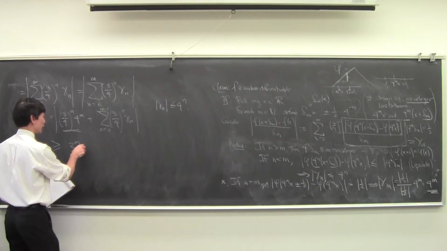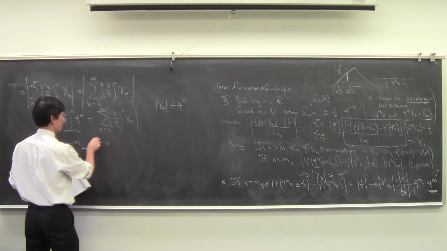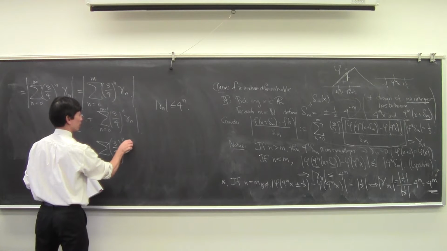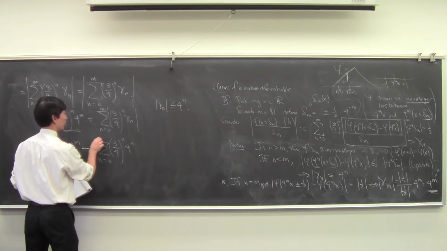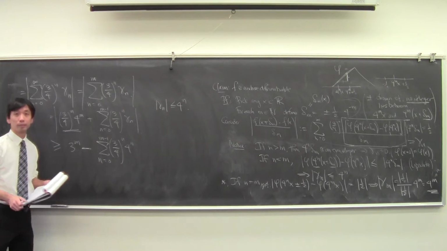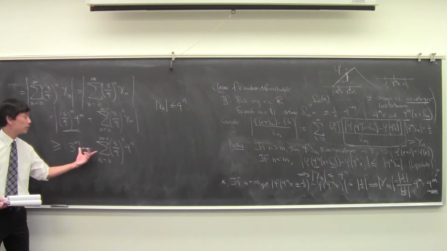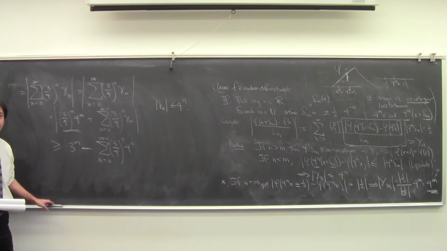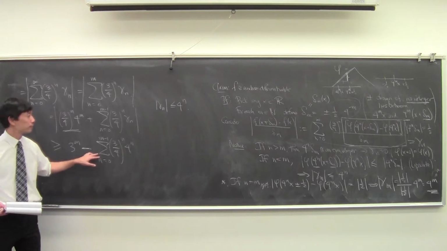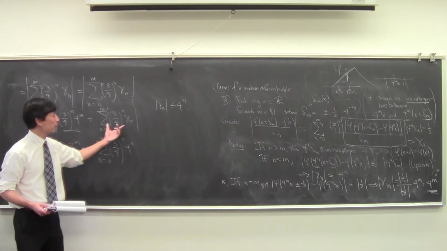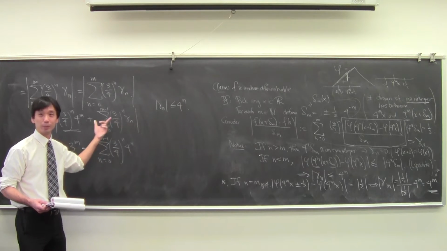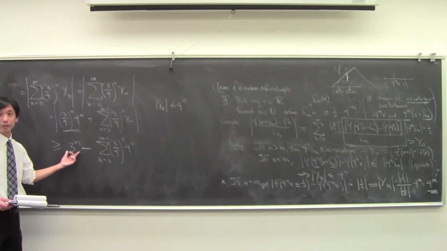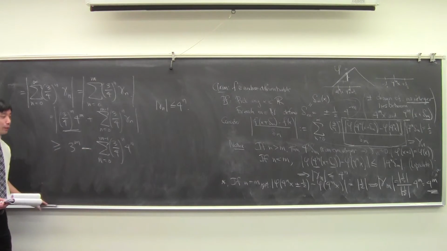So I'm going to subtract off the biggest thing I could get here. That turns out to be positive, so I'm justified in taking off my absolute values. I just make this thing as big as possible, and I subtract it off. That thing is actually smaller than this, so what I'm doing is actually legal.